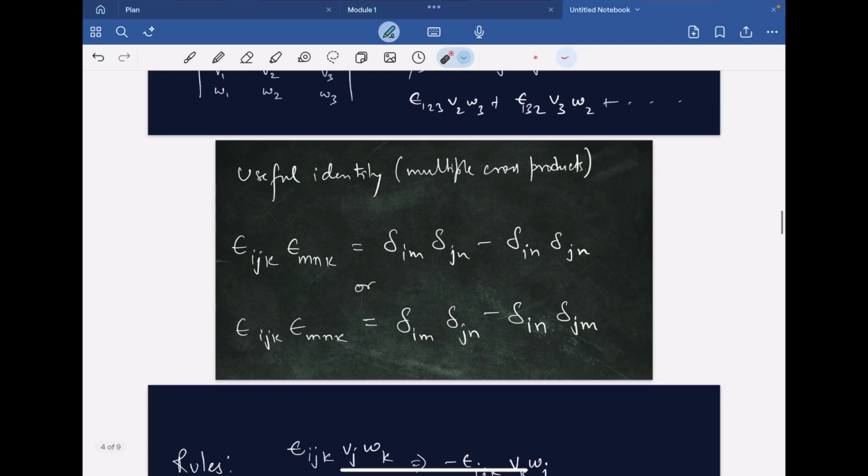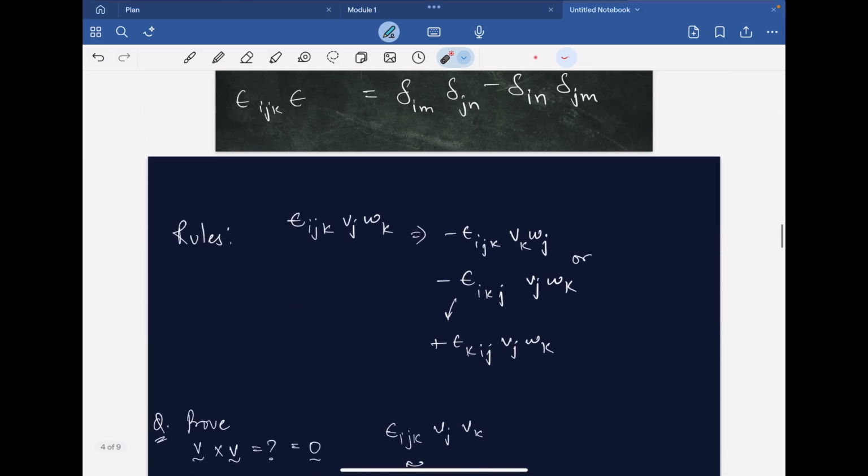Simple as that. Similarly, if you come across another combination which is epsilon ijk and kmn, this is also going to give you the same, because it requires two permutations to reach here.